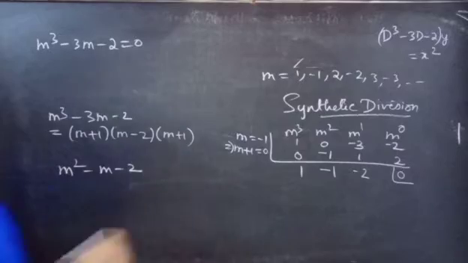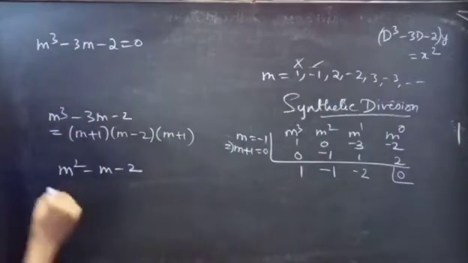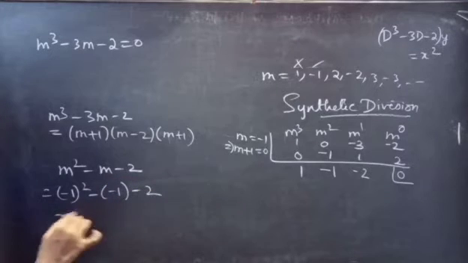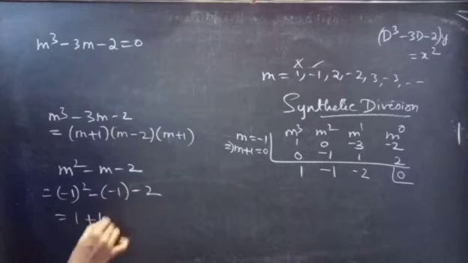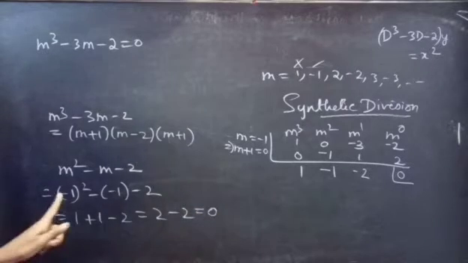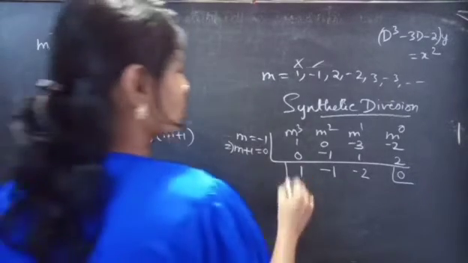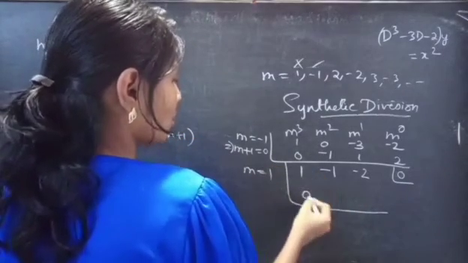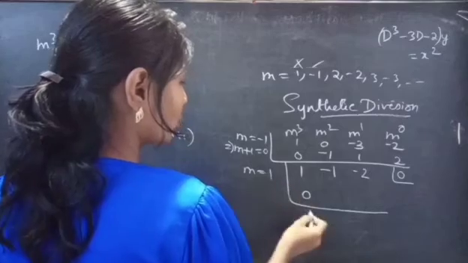So let's try for m equals minus 1. We'll get minus 1 whole square minus of minus 1 minus 2, which is 1 plus 1 minus 2, which is 2 minus 2, 0. So m equals minus 1 satisfies this polynomial, right? 1 plus 0, 1. 1 into 1, 1.